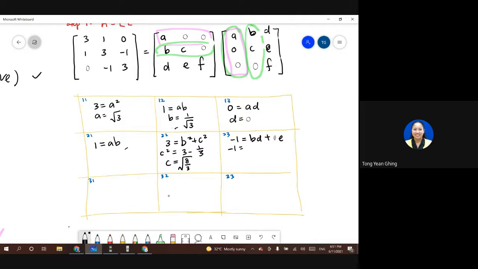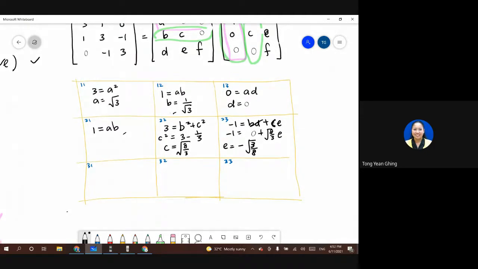Negative 1 equals B, D is 0, this is CE. So C we already got, right? So E equals 1 divided by this one, the reciprocal, negative square root of 3 over 8.